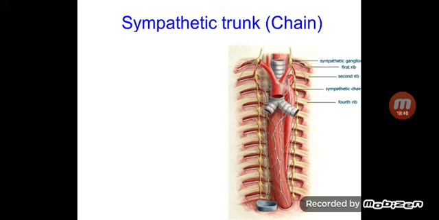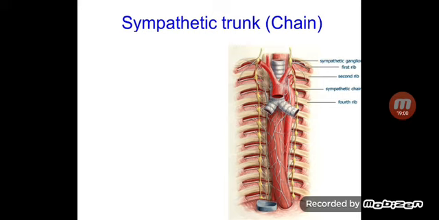Each one has white and gray rami communicantes, passing to the corresponding spinal nerve, of course. Here we have the first ganglion.